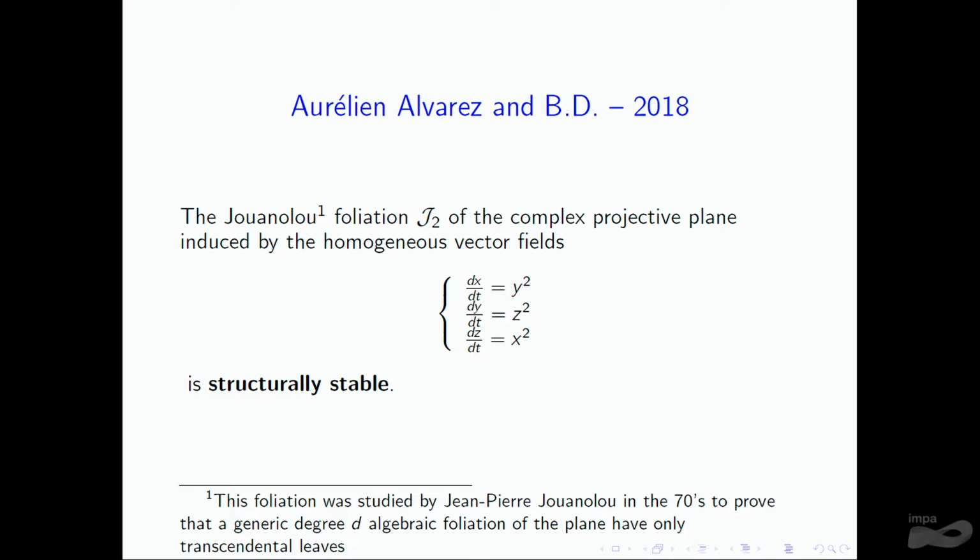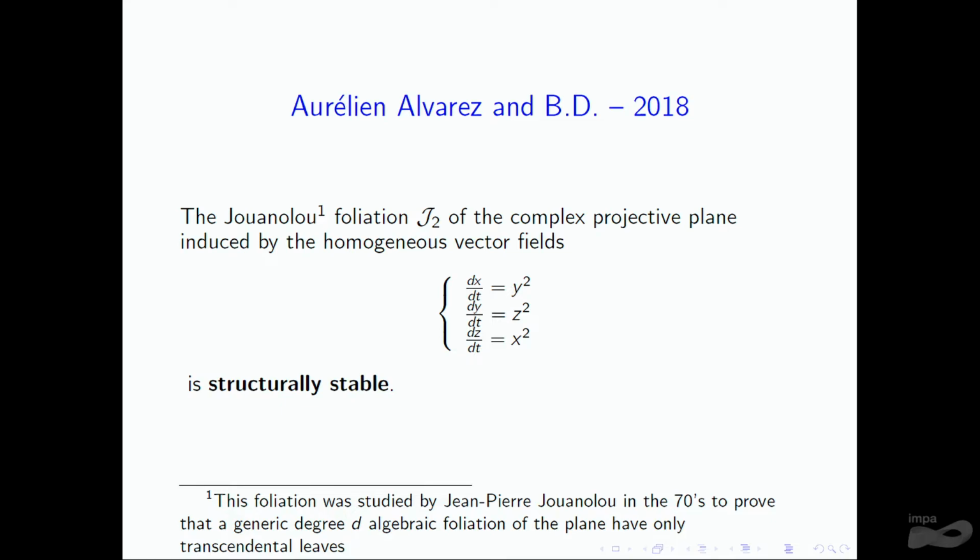So our theorem is the following. In fact, this is a theorem that we proved in the degree 2 case. Conjecturally, we have the same statement in any degree, but we don't have a proof yet. You consider this foliation that has been introduced by Jouanolou. It is defined by this differential equation in the 3 variables x, y, z in C3.